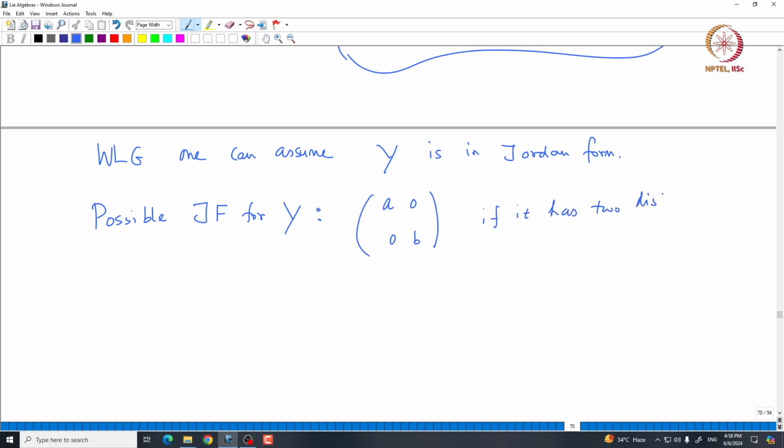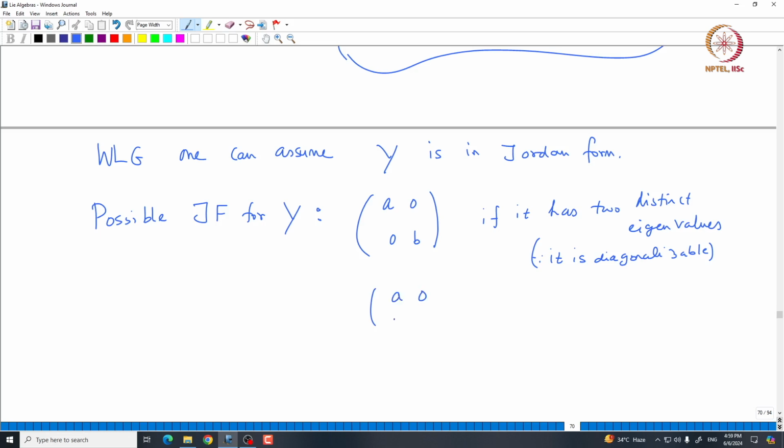If it has two distinct eigenvalues, then it is diagonalizable, because the corresponding eigenvectors must be linearly independent; if you form a basis out of them, then you will get this diagonal matrix. Now if it has a single eigenvalue with multiplicity 2, both cases can appear: it can be diagonalizable or it may not be diagonalizable.